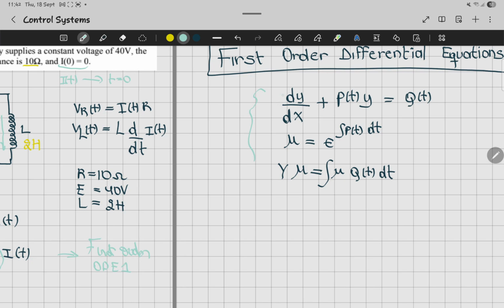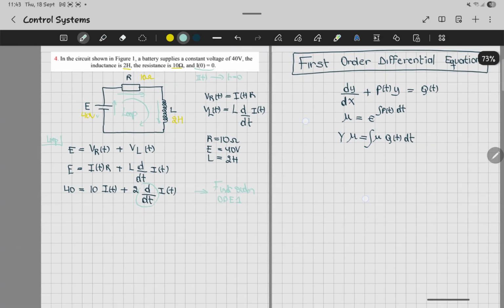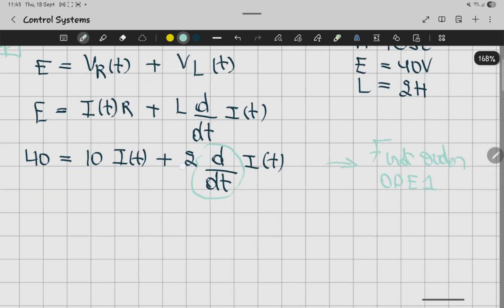You can see, for example, that the first derivative has nothing in front of it, so we need to find a way to write our equation in the exact form. Here we need to find a way to remove the 2.